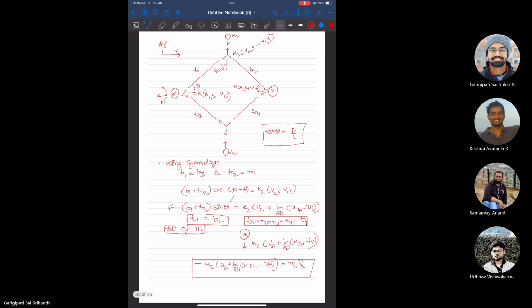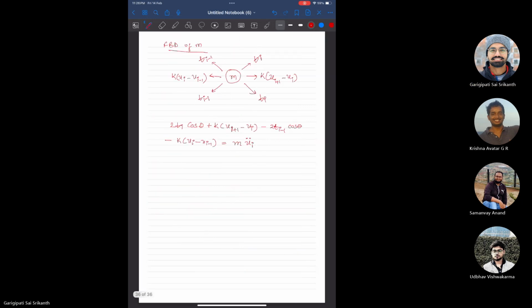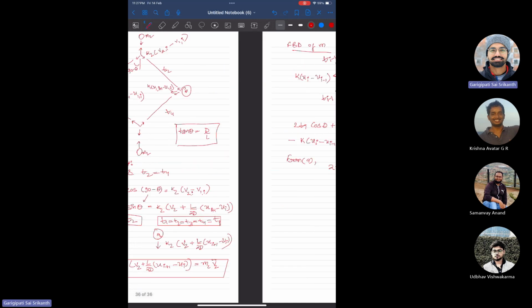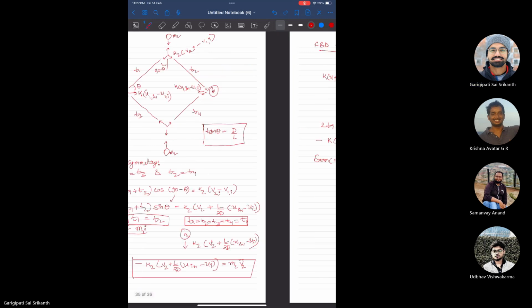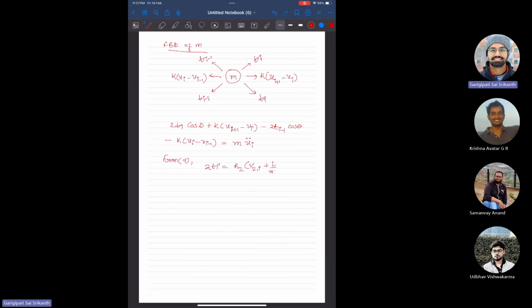So this is your equation A. We have 2Ti is equal to K2 V2i plus L by 2D U of i plus minus U of i by sin theta. This is B, let's say.